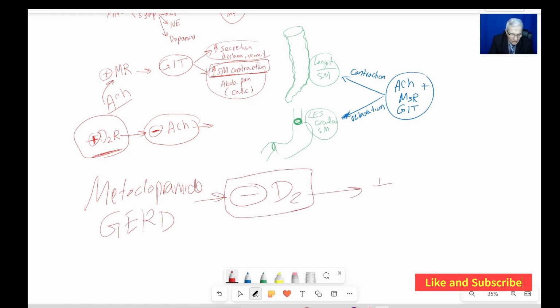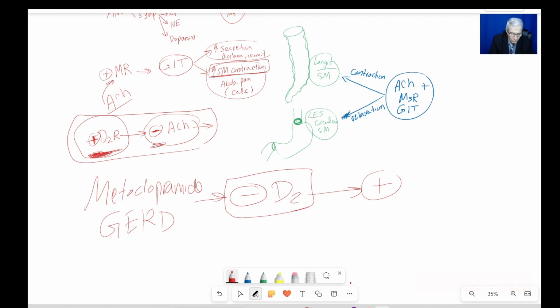This will lead to the opposite effect. You can see it here: if you activate the dopamine receptor, the result will be inhibition of acetylcholine. But if you inhibit dopamine, this will lead to activation and potentiation of the action of acetylcholine, so we are going to see the opposite now.